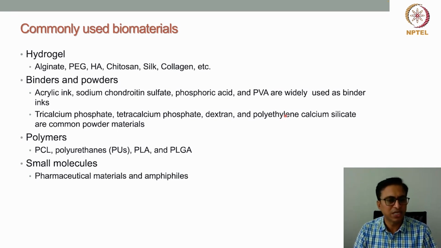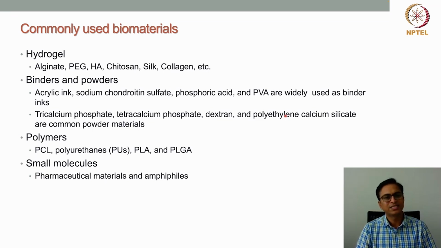Similarly, polyethylene glycol, this is also a synthetic polymer. Similarly, hyaluronic acid, chitosan, silk, collagen. The list is very long. So different types of hydrogel materials are used for inkjet bioprinting.